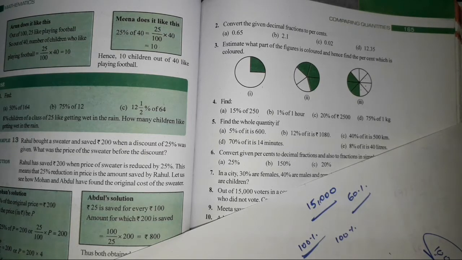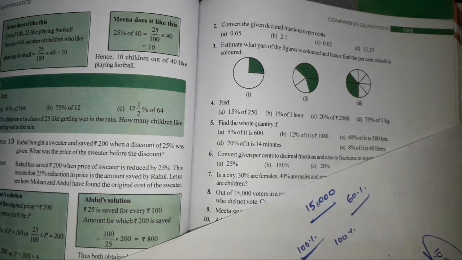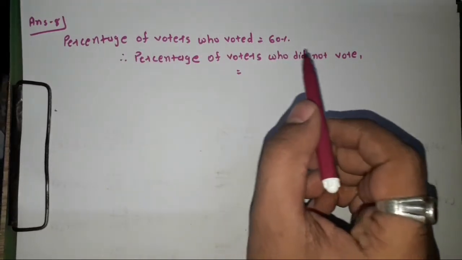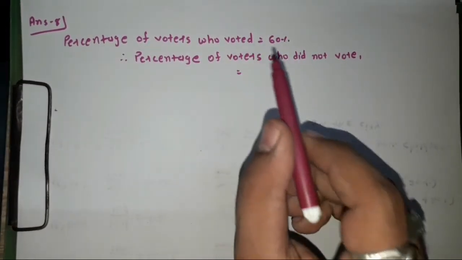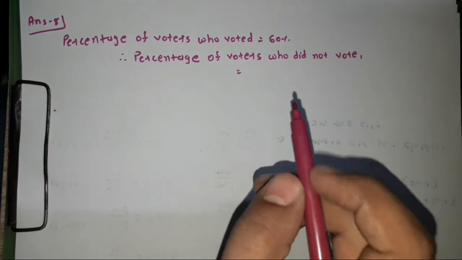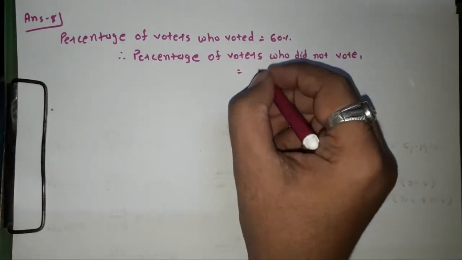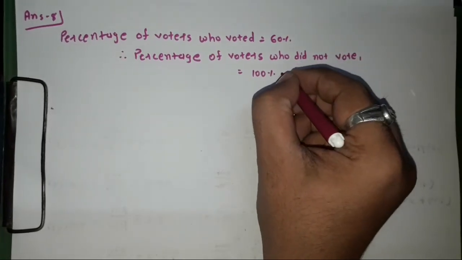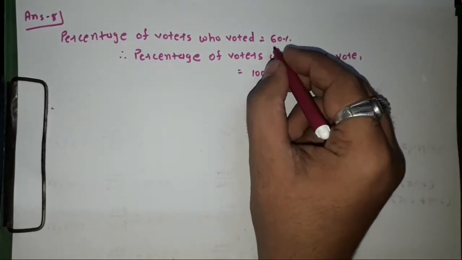Here we are seeing the example, so you will understand better. Firstly we will write that the percentage of voters who voted is 60%. For the percentage of voters who did not vote, as I told you, the total is 100% of voters. From that, 60% of voters have voted.